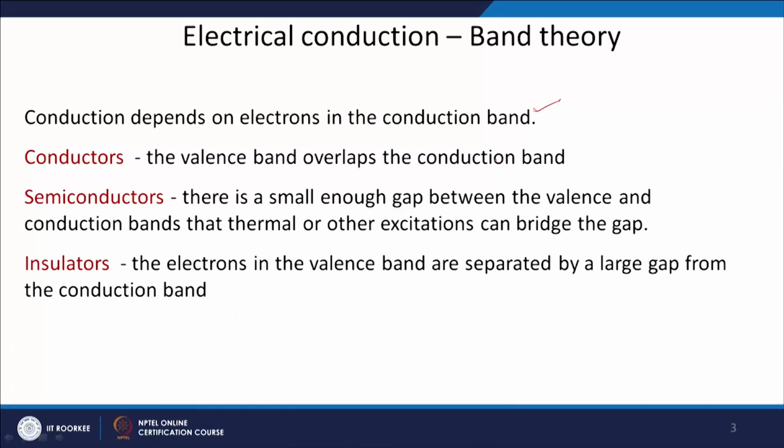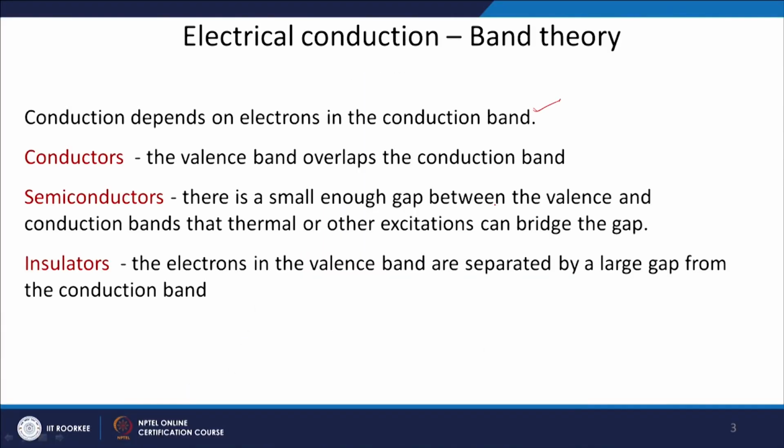Semiconductors are those which have a small gap between the valence and the conduction band, but due to thermal excitation these electrons can go from the valence band to the conduction band. So you can increase the conductivity of a semiconductor by taking it to higher temperatures, where the thermal excitation will push the electrons from the valence band to the conduction band.